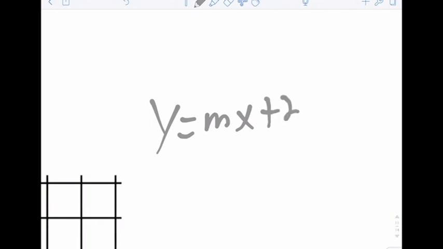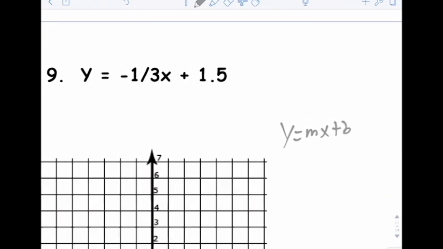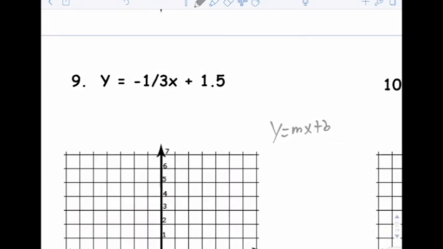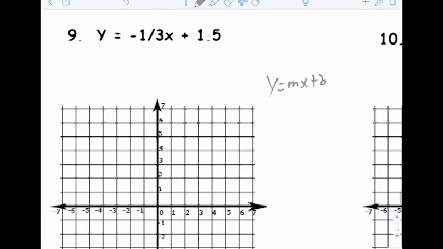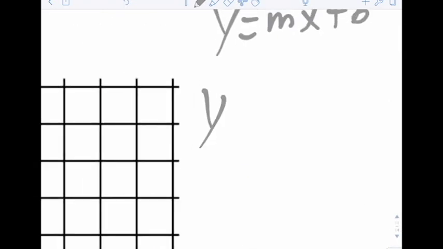Write down the formula y equals mx plus b. The slope is not a whole number, so we don't have to change it to a fraction. And we can graph the y-intercept. So the y-intercept would be 1.5. Let's go ahead and write this down.